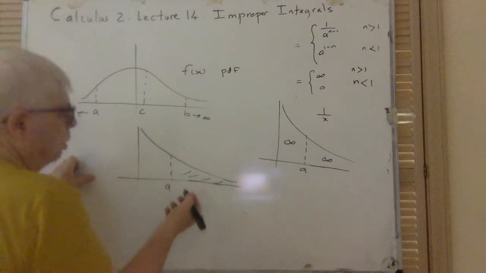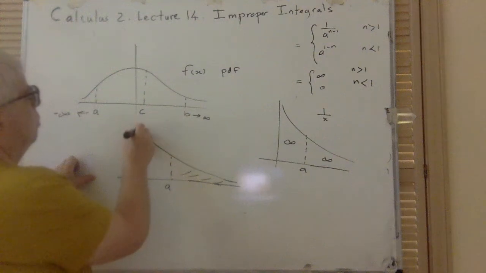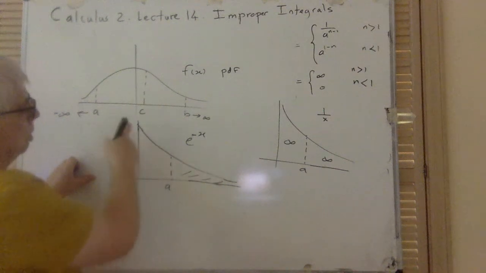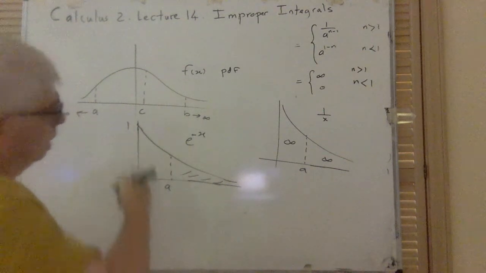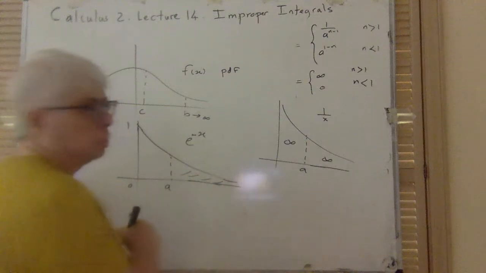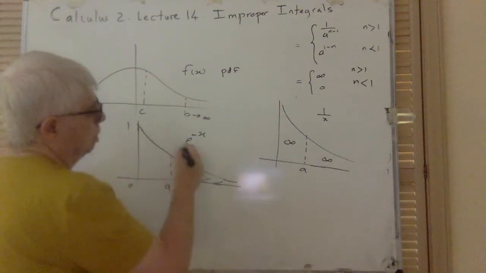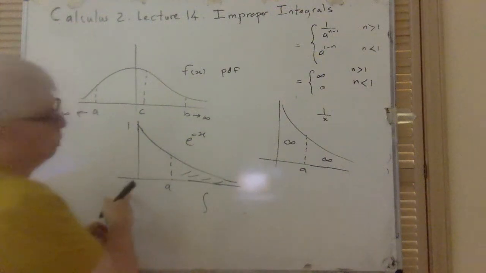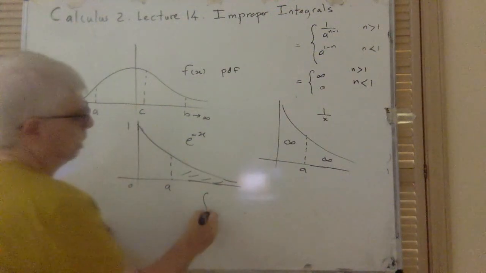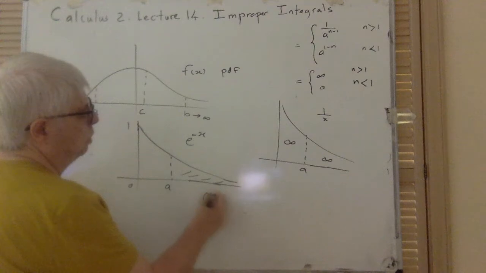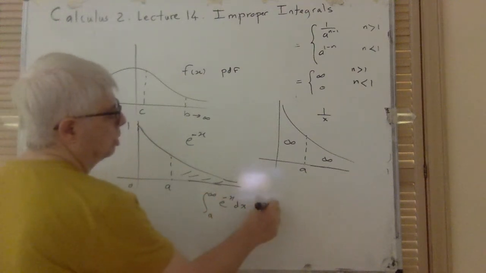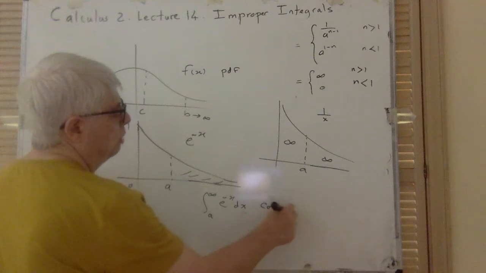One of the functions for which this happens is e to power negative x. From 0 on, it starts at 1 and then goes down close to 0. So the integral from 0, or any point, to infinity of e to power minus x dx is also convergent. I leave that to you to find.